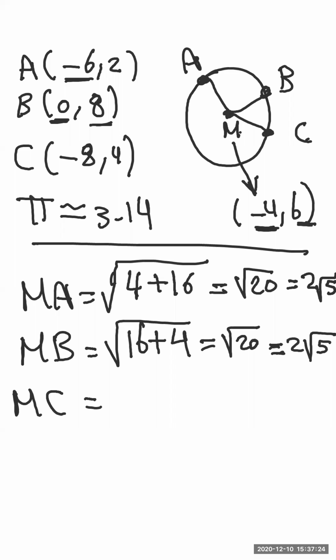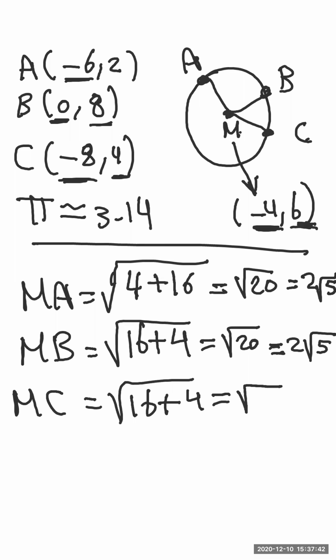Okay. MC, negative 8 minus negative 4. So negative 4. Negative 4 squared, 16. Plus 4 minus 6, negative 2 squared, 4. So it will equal the same, square root of 20, also 2 square root of 5.